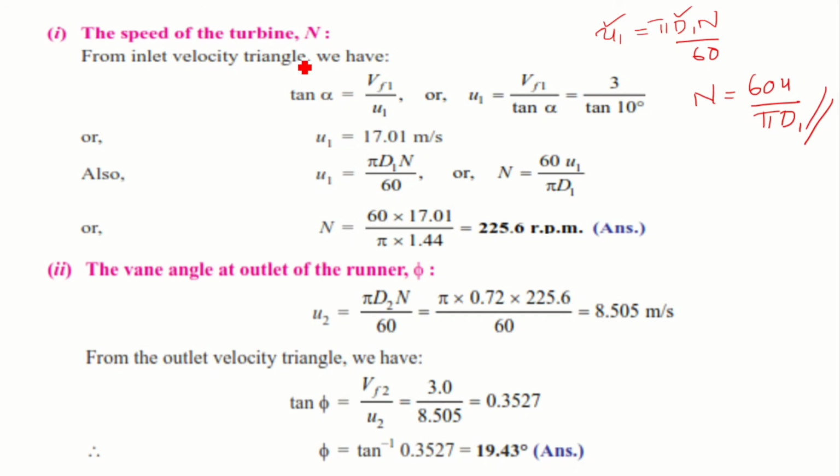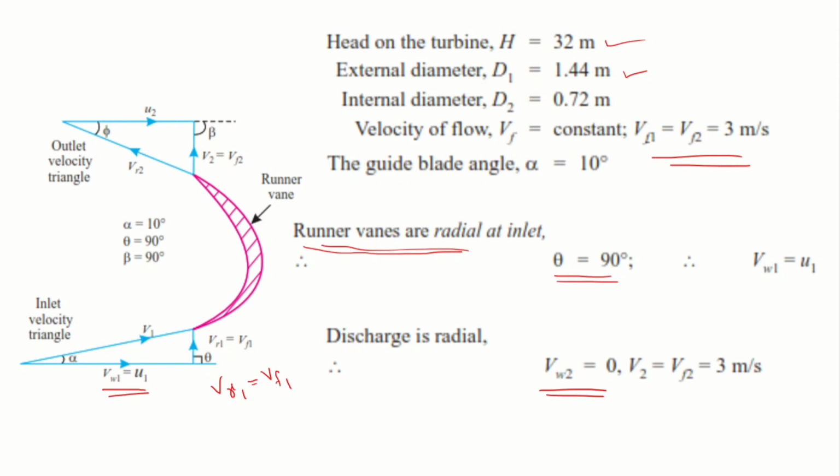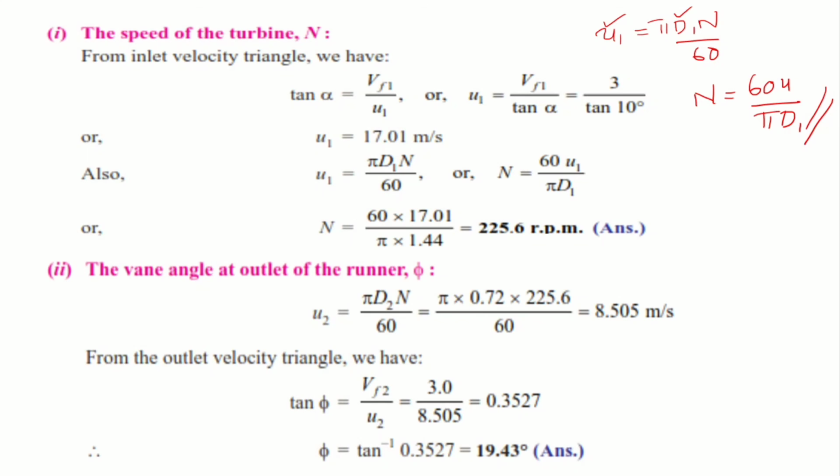So in order to find U, tan alpha. From the velocity triangle, tan alpha is equal to Vf1 divided by U1. Vf1 value is already known and alpha is 10 degree. So from this equation, we can obtain the value of U. So U is equal to 17.01 meter per second.